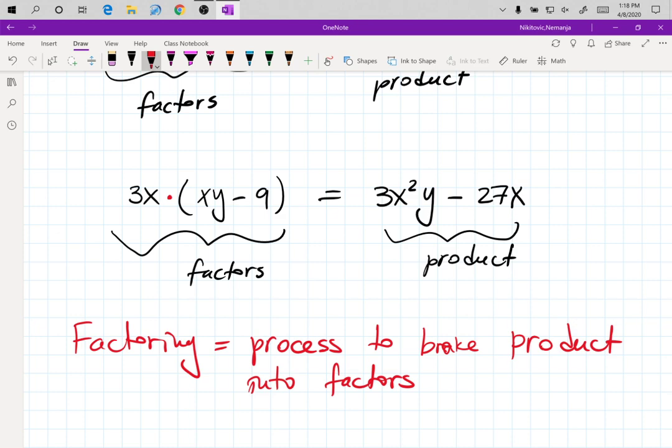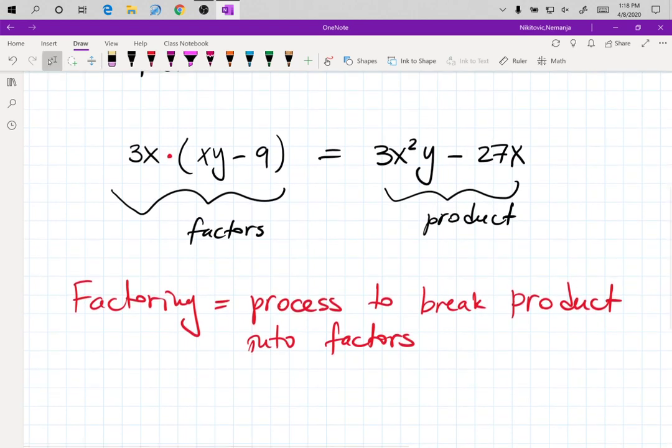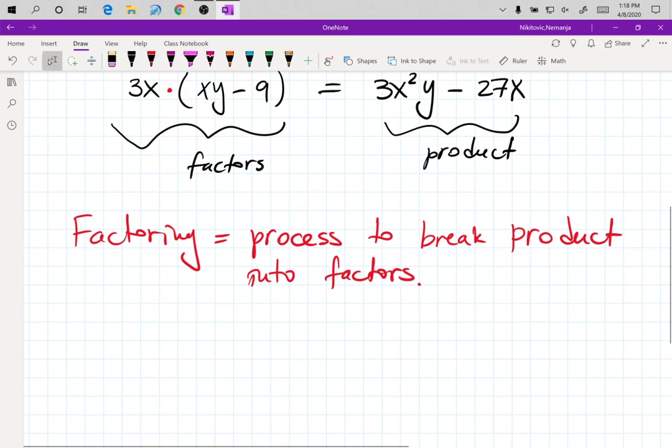So that's what we have. You're breaking the product into factors. So factoring is the process to break a product into factors.